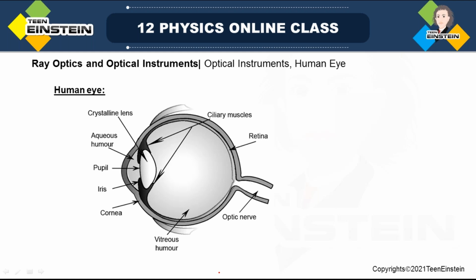So retina, see, whenever you want to see a real image of a real object, you need to have a screen where the image will form. So the retina in our human eye acts as a screen, but this is not an ordinary screen as we see in our lab. It is an extraordinary screen.